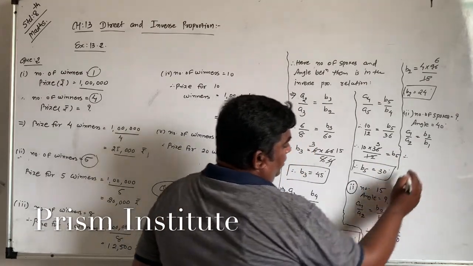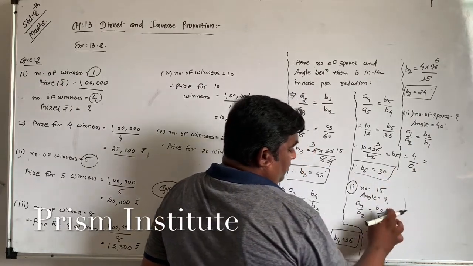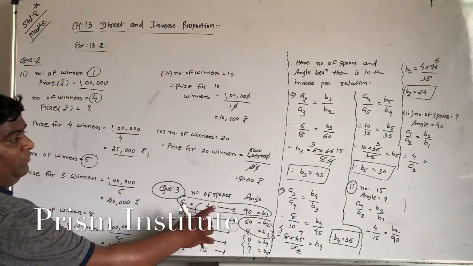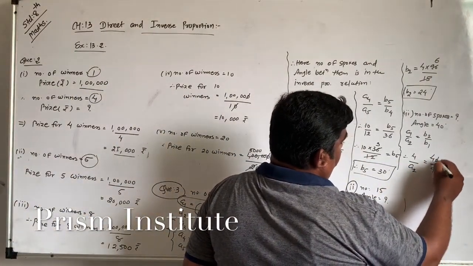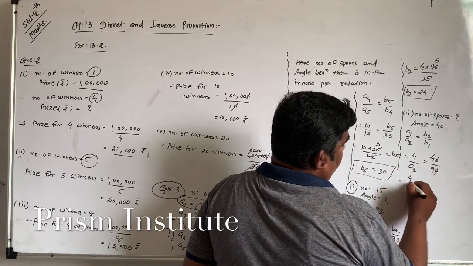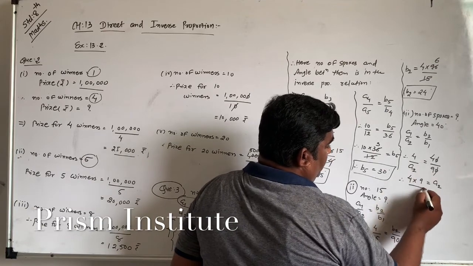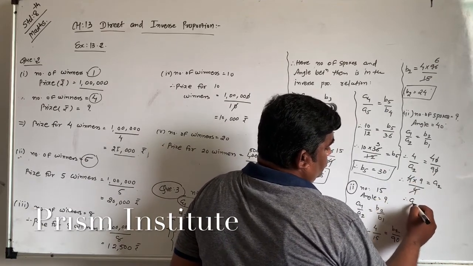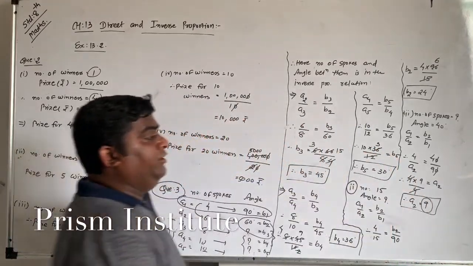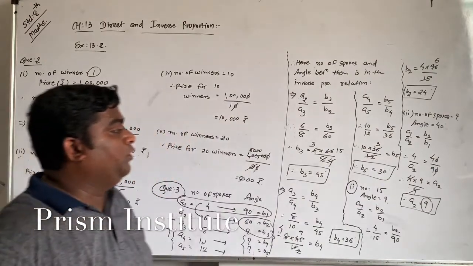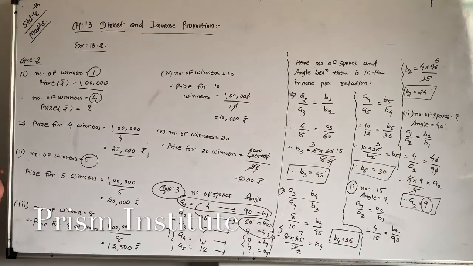Here A1 is 4, and we want to find A2. B1 is 90 and B2 is 40. So that is 40 and 90. This is cancelled, so this 9 goes here, and the 4 in the denominator cancels. So A2 equals 9. So if the angle between two consecutive spokes is 40 degrees, the number of spokes is 9. Okay, write down all the board work.